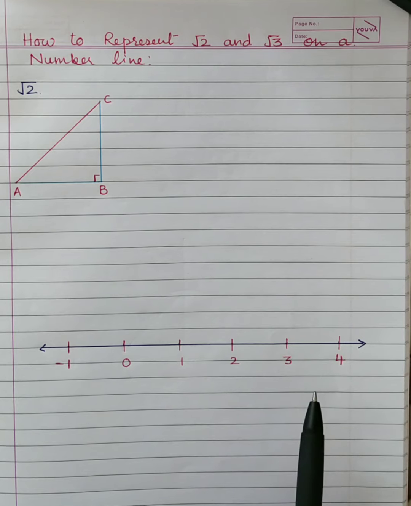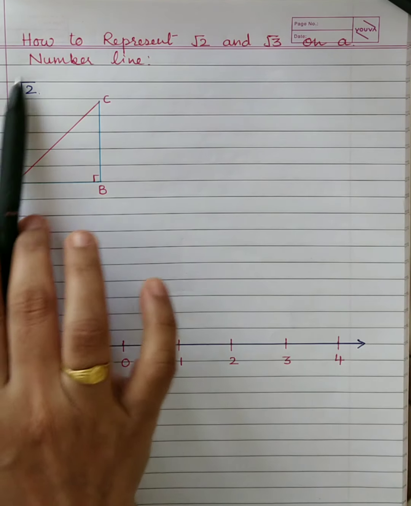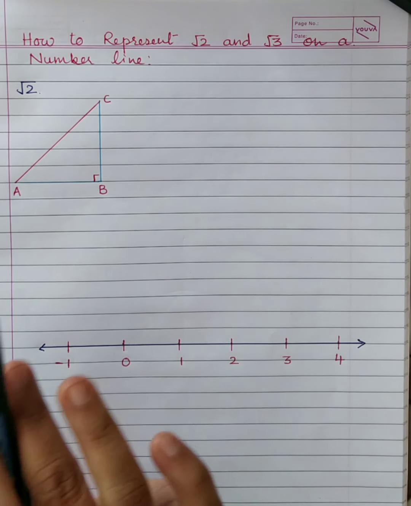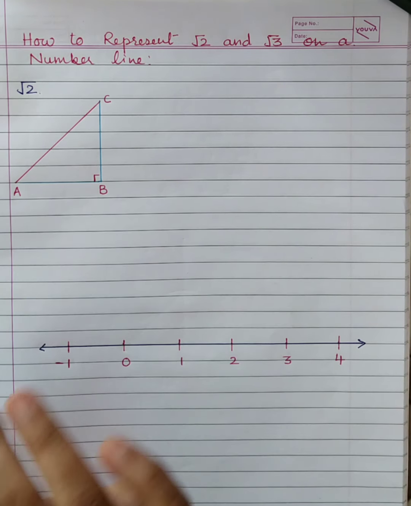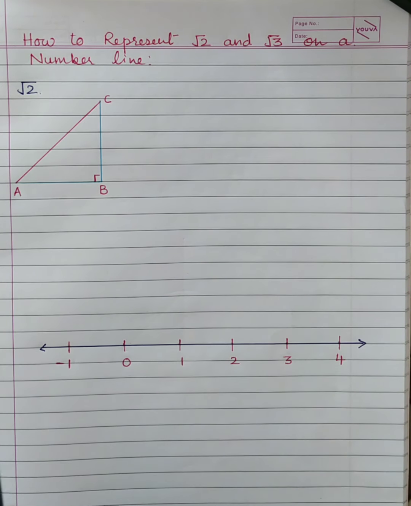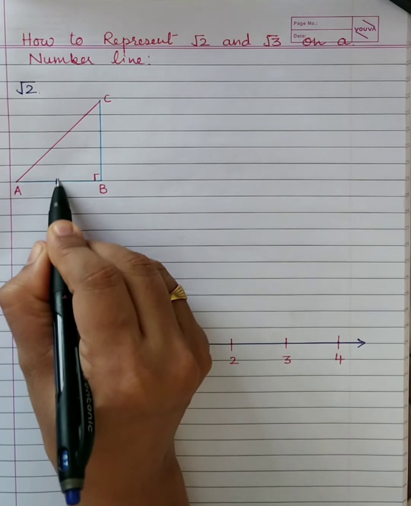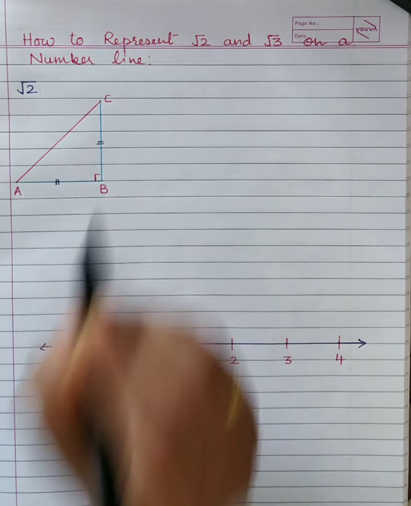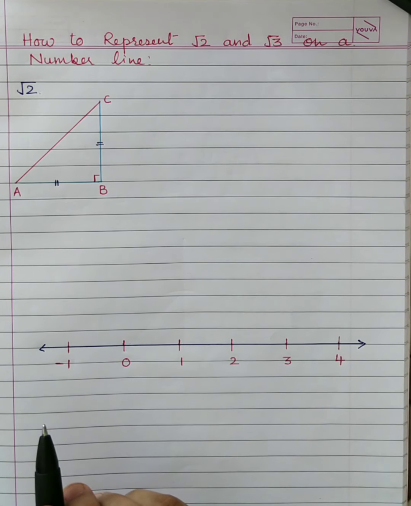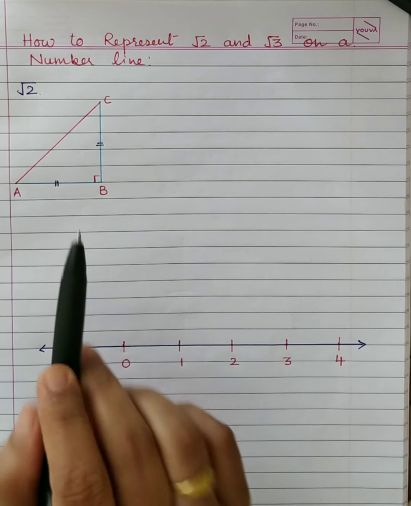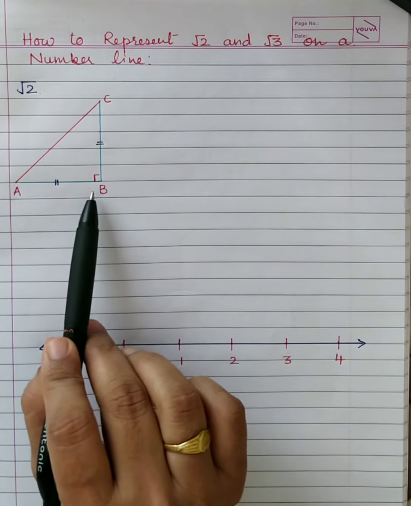First of all, we will try to see if we can obtain some length practically which is equal to root 2. For that, you need to imagine an isosceles right angle triangle. An isosceles triangle has two sides equal, and a right angle triangle has one angle of 90 degrees.